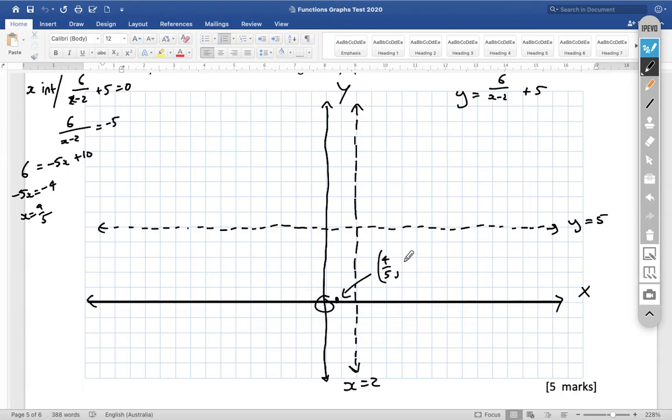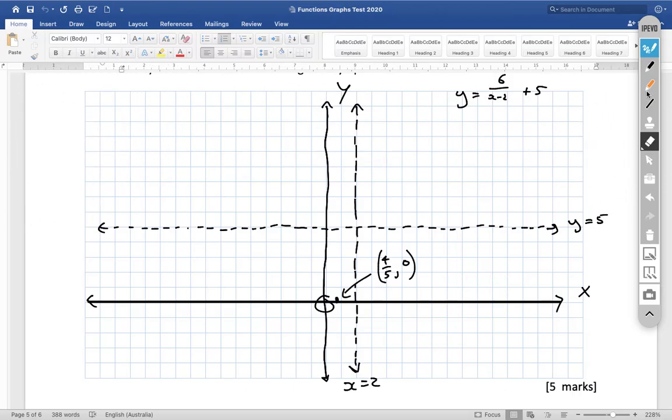You can probably get away with just writing 4/5, but I'll write it properly as an actual coordinate, a point. Now the y-intercept, easier to work out, I think. The y-intercept is when x is 0. So I'm working out the y-intercept.